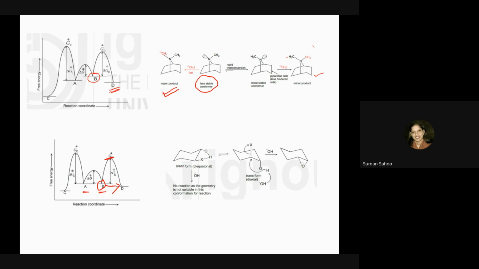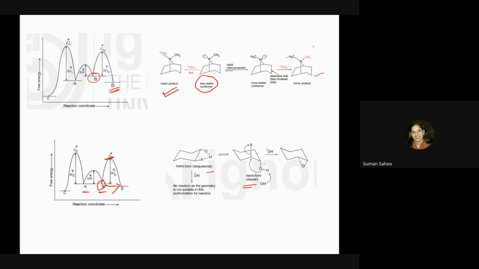So for example, in our trans, that is your di-equatorial, and this one is your trans diaxial. These two can interconvert easily at room temperature. In case of trans di-equatorial, this geometry is not appropriate to undergo beta elimination.